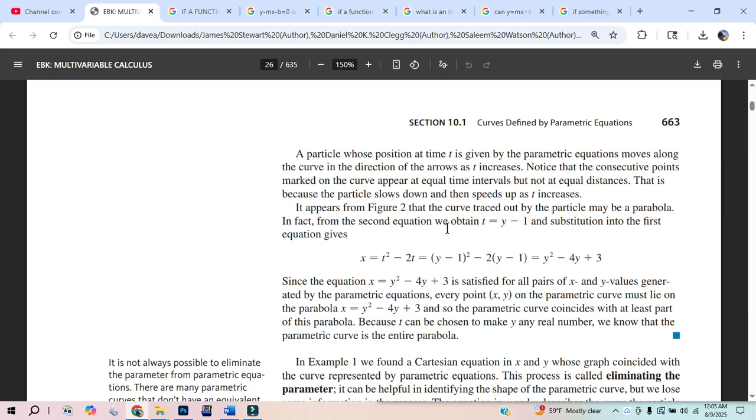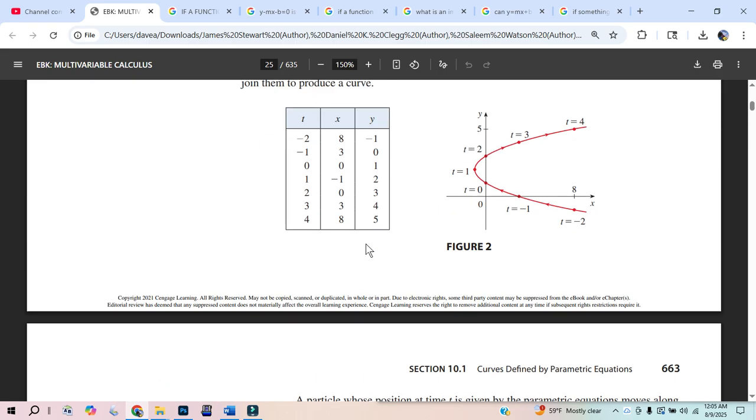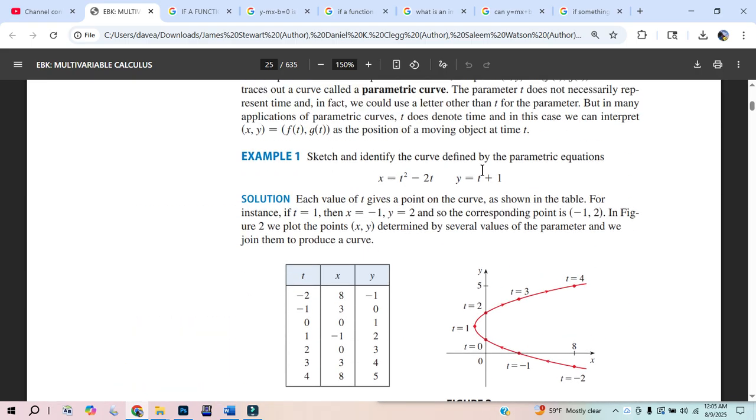It appears from figure 2 that the curve traced out by the particle may be a parabola. In fact, from the second equation we obtain t is equal to y minus 1, and substitute into the first equation. Let's look at these from an equation-based standpoint. Both of these are functions of t. I can solve each of them for t and then sub it into the other equation.